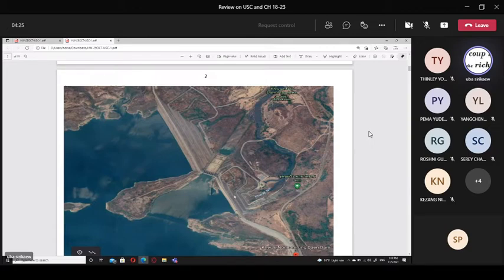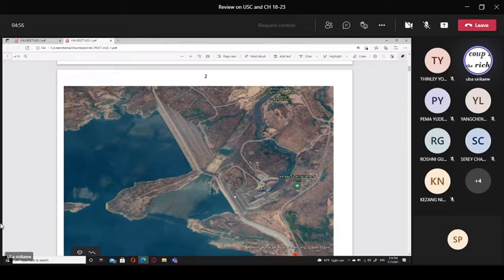I give your group 20 minutes, every person works together and shows me your dam in your country, and then make an oral presentation of about 3 minutes per group. We will start the discussion at 1:30.